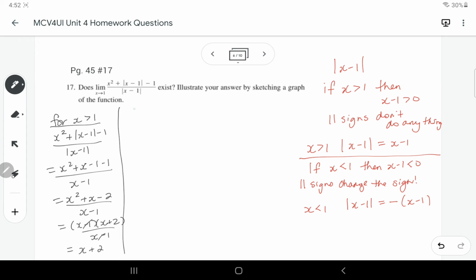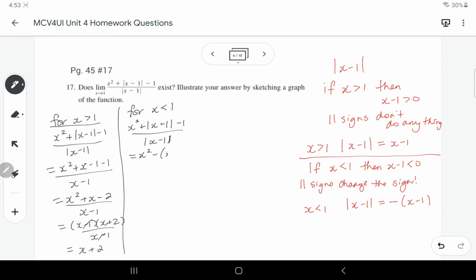For x less than 1, we know that the opposite would be true, that this absolute value sign is changing the sign. So then x squared plus the absolute value of x minus 1, minus 1, over the absolute value of x minus 1, we would actually need a negative sign in there.